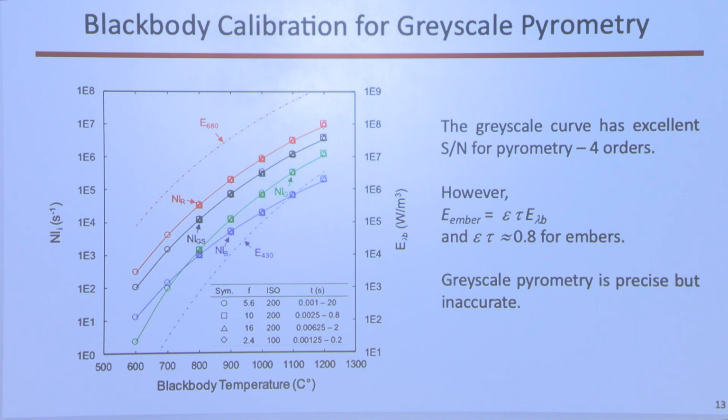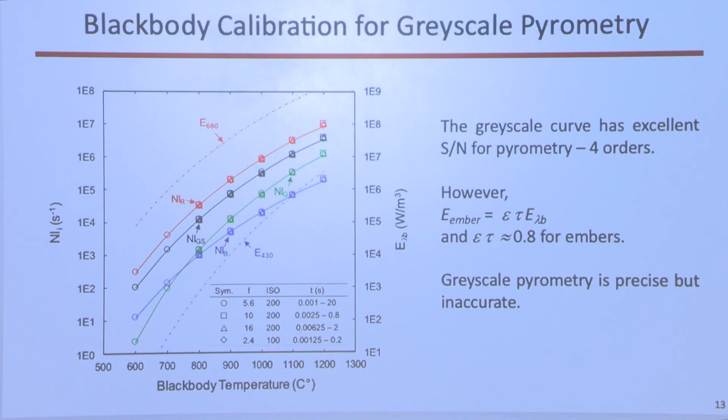Okay, now, unfortunately, we can't just take a picture of an ember, hover over that pixel, find the normalized intensity by accounting for the F number and ISO and so forth, and then read across this curve and find the temperature. And why not? Because we don't know the emissivity times the transmittance.